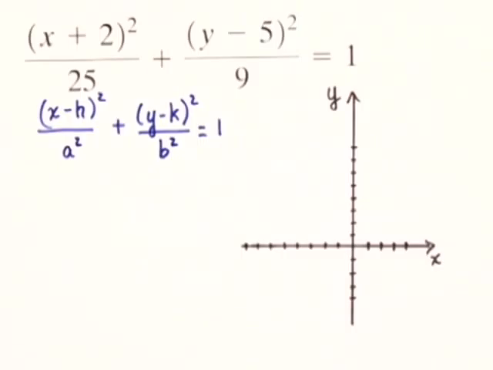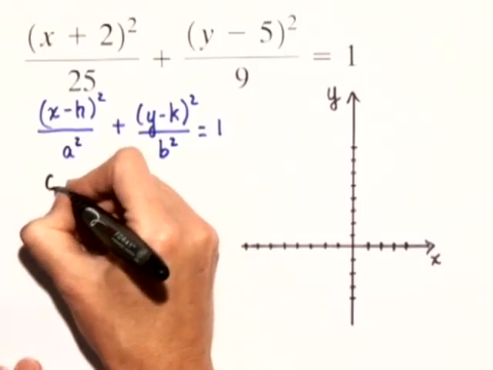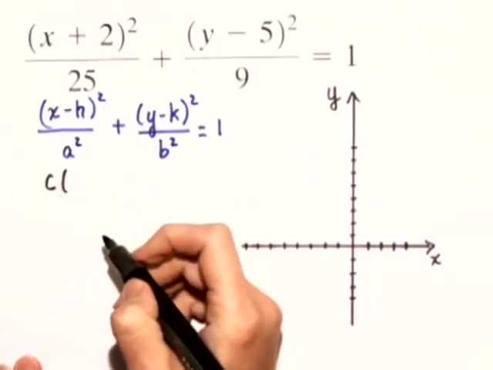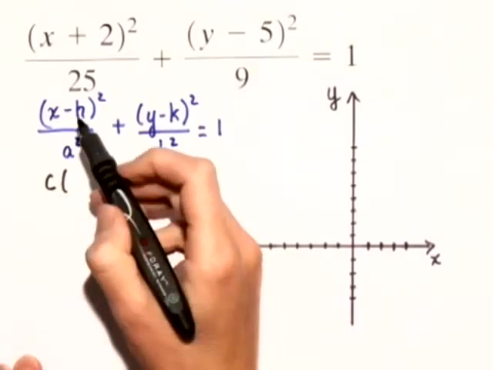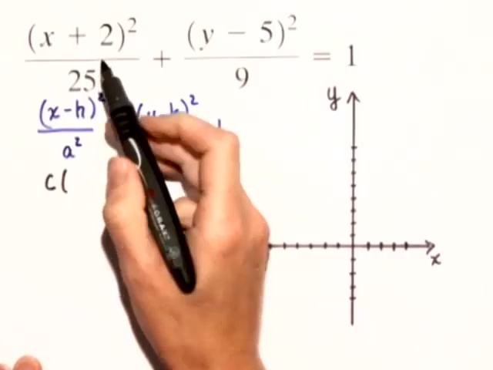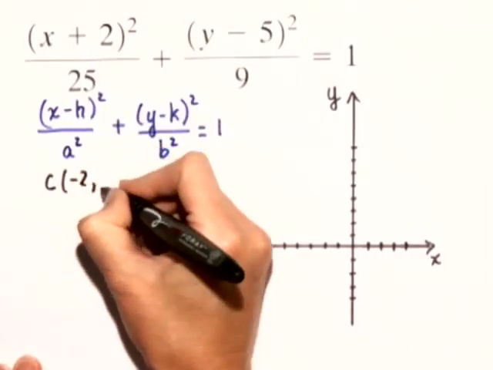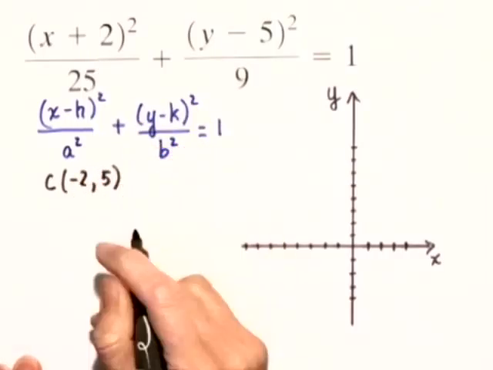Whenever we have an ellipse like this in standard form, we can pick out the center as well as a squared and b squared. So let's start off with the center first. The center is going to be h comma k. So in this case, it's going to be negative 2 comma positive 5.